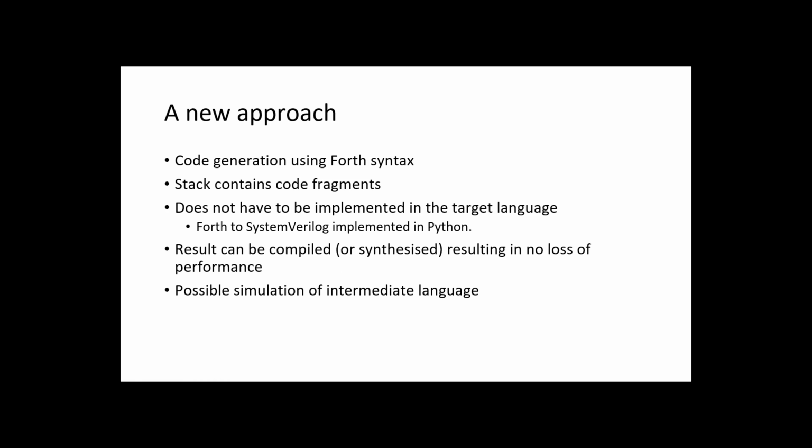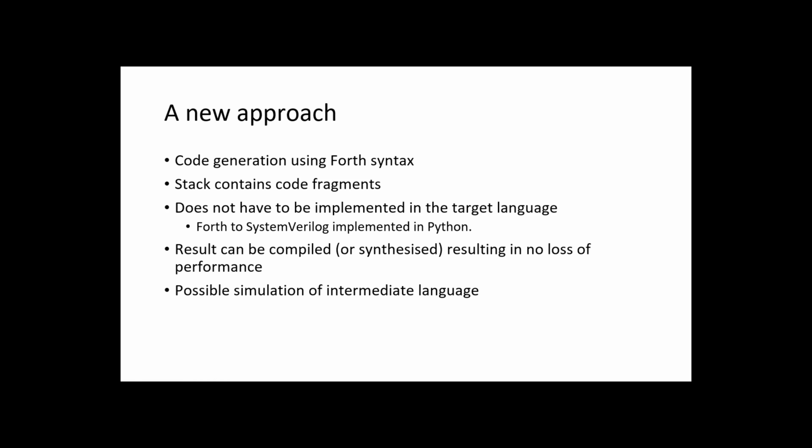Now, the difference here is you can compile or synthesize the results. So you could say there's no loss of performance compared to using that language. Say, for example, it's C you're working with, and you generate a C program. Well, you compile that C program and you now have the speed of C. You don't have the slowness of your interpreter.